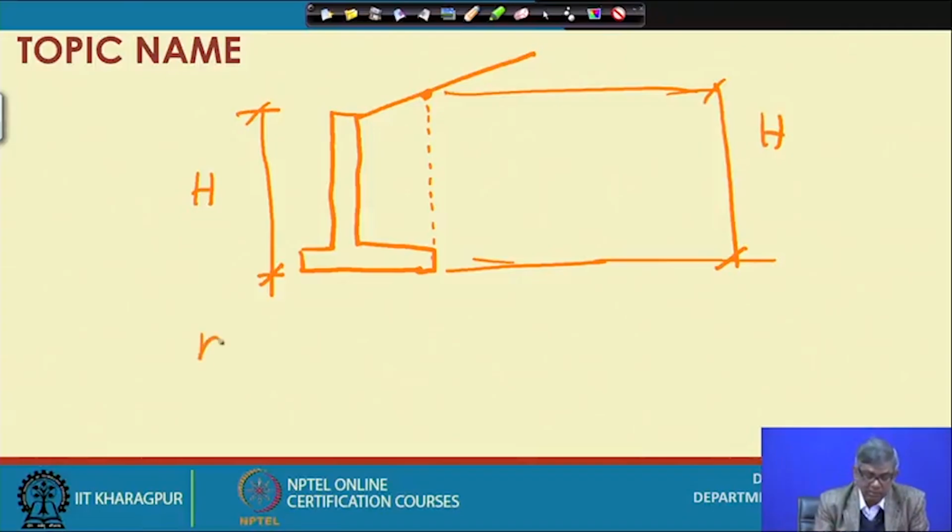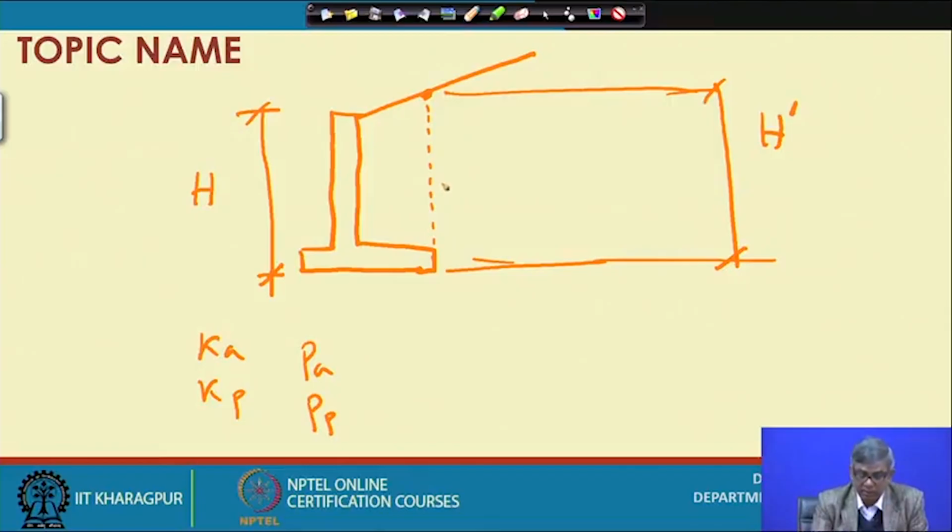Then we calculate Ka or Kp, and then we find out the active earth pressure PA or PP, and then we apply those here. This is H and this is, suppose, H dash.